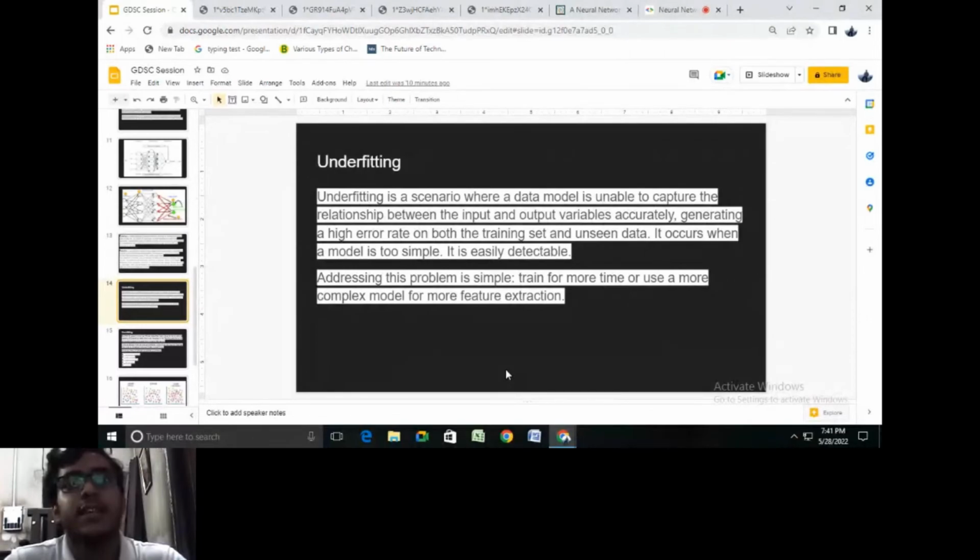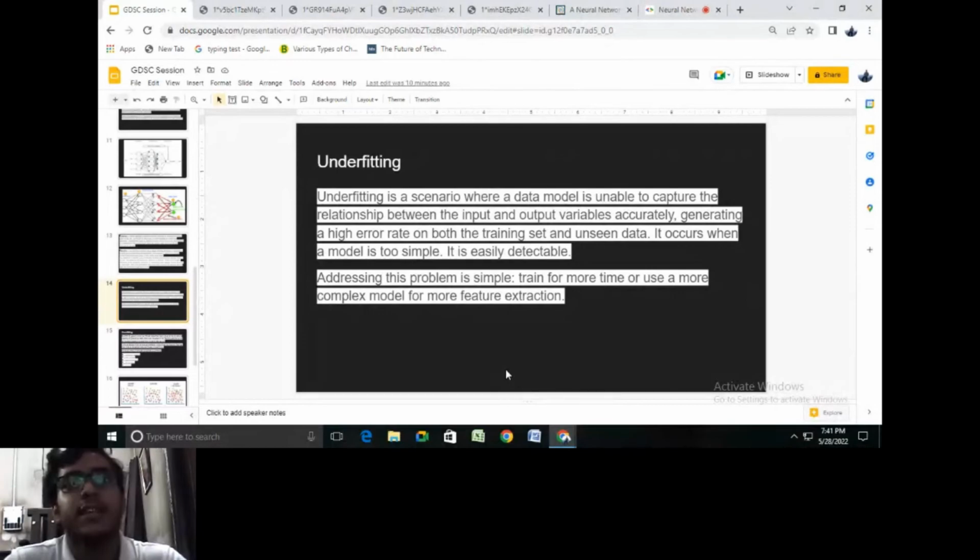Train for more time or use a more complex model for more feature extraction. Because in underfitting, the model is not able to capture the features that we are giving as input.